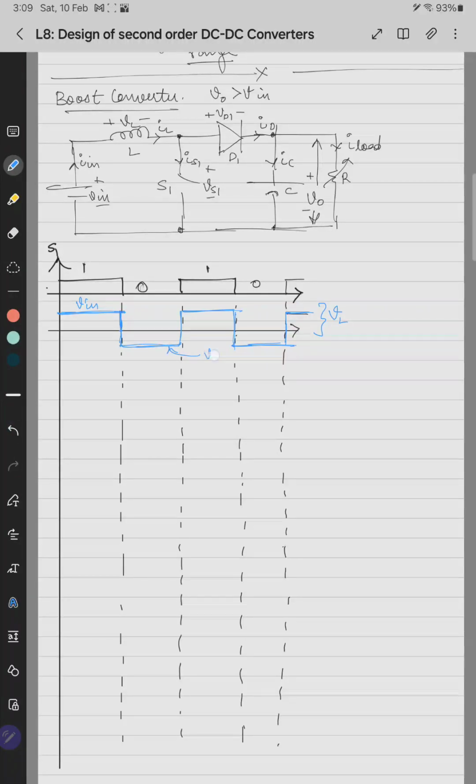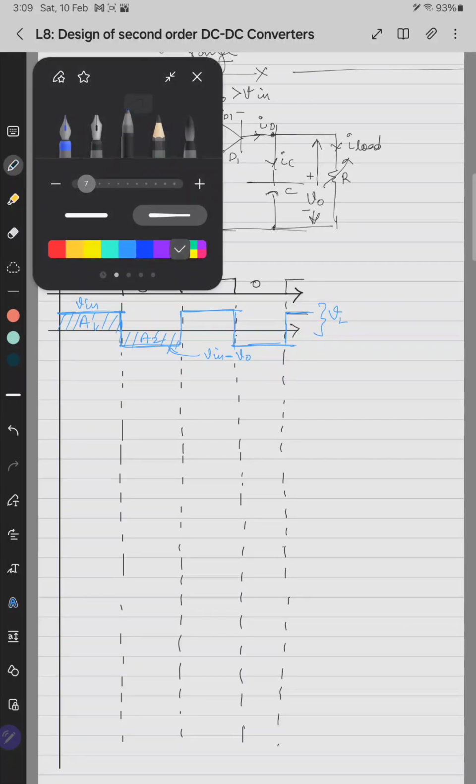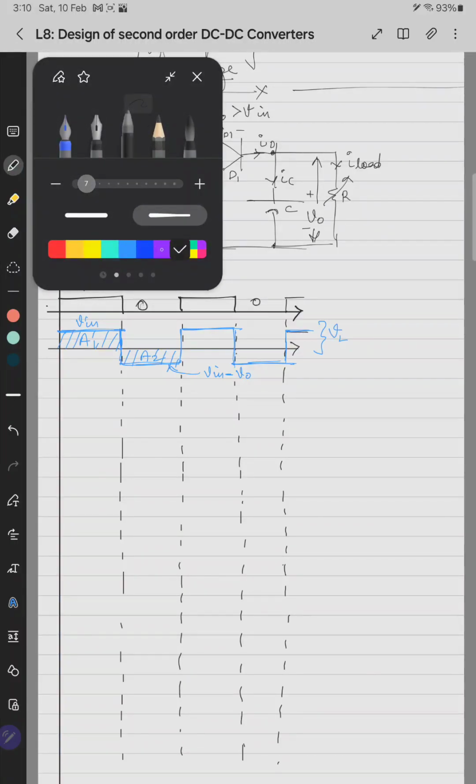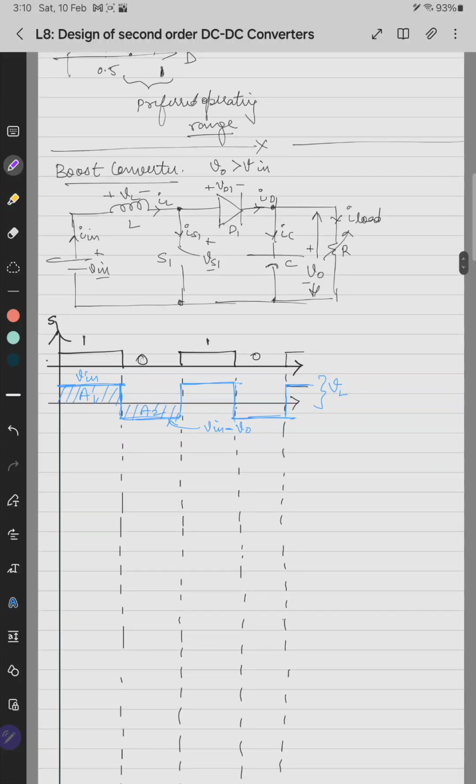This value is V in minus V naught. Again, this is A1 and this is A2. So now let's start with the next state, or here only we will draw the waveform of the inductor current.